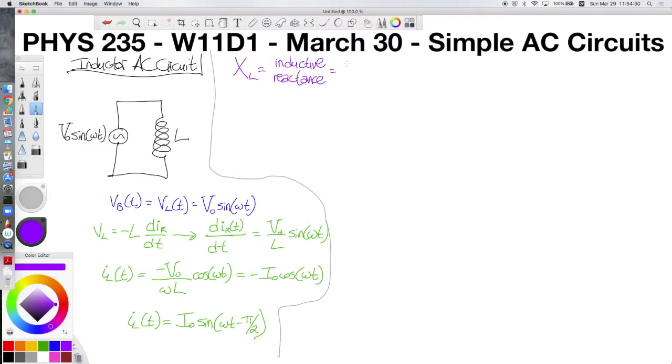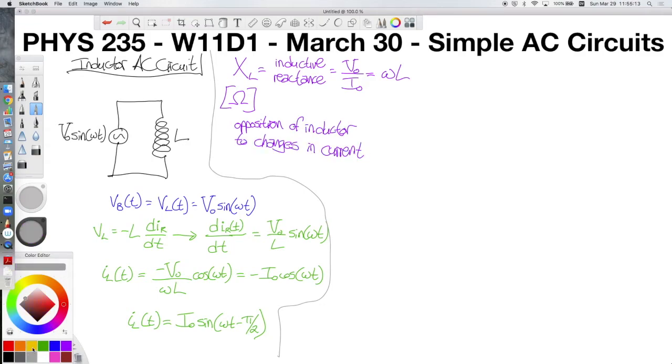It's defined as the maximum voltage in the inductor divided by the maximum current in the inductor, and that will turn out to be equal to omega times L. Again, like the capacitive reactance, the inductive reactance is measured in ohms and is basically about how hard the inductor fights any changes in current. We're not doing a whole lot with the reactances today, but they will be incredibly important for what we talk about on Wednesday.